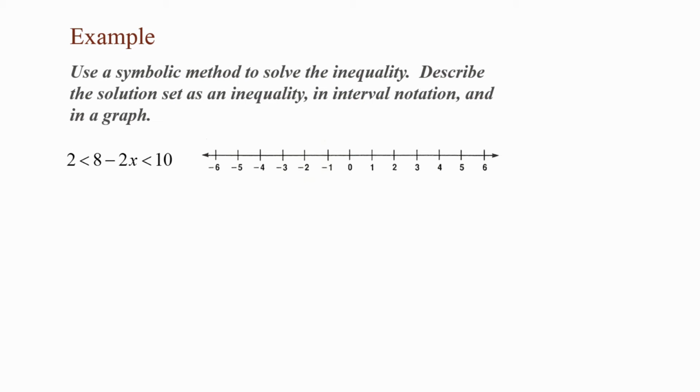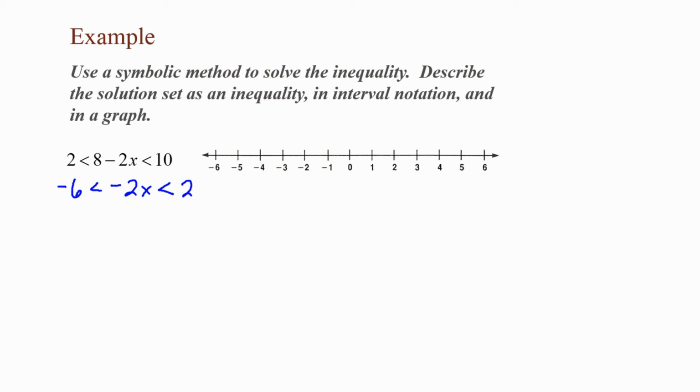In this example, the inequality is 2 less than 8 minus 2x less than 10. We have the same directions, so the first step is to subtract 8 from all three sides. -6 less than -2x less than 2.